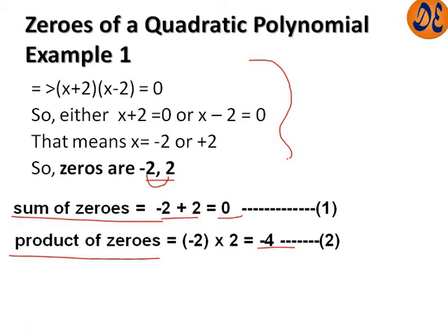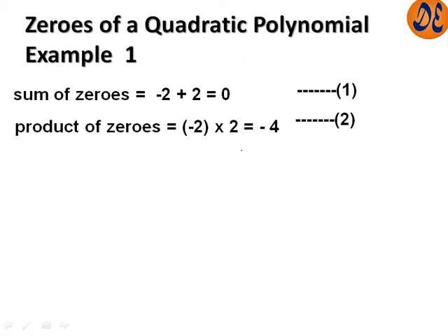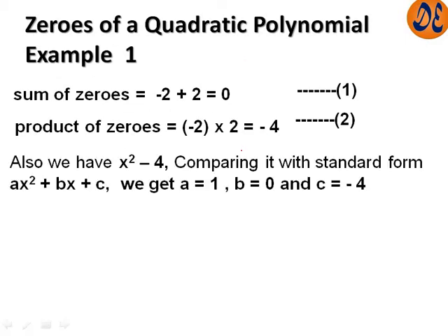Now we will be using the formula that we have obtained. So here, if we compare x square minus 4 with the standard polynomial, what do we get? We get a is equal to 1, b is equal to 0, c is equal to minus 4.